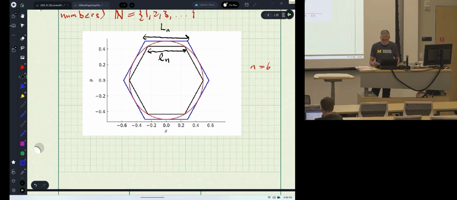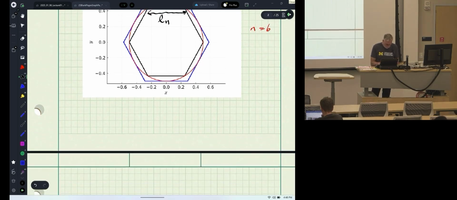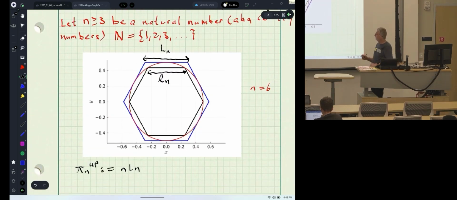Okay, so I'm going to define pi n upper by definition equal to n times L n. So that'll give me the length of the sides. So for us, it's n equals 6. It'll give us the perimeter of the outside hexagon.